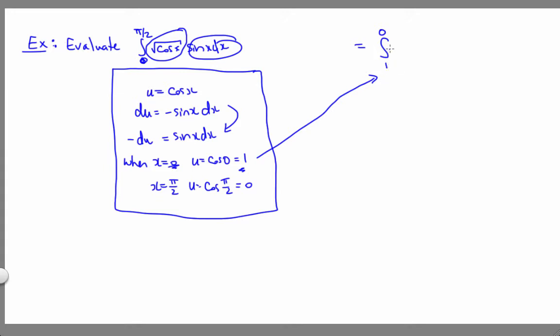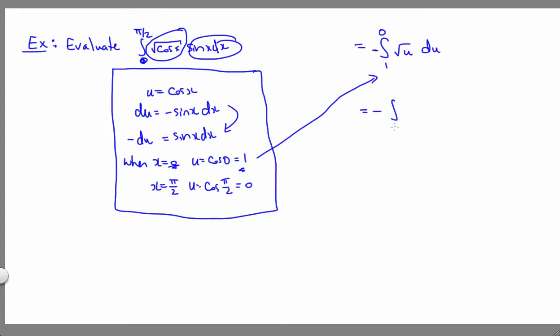Okay, so integrating from 1 to 0, and what we're integrating is root u, and we've decided that sine x dx can be written as negative du. So I'll put the coefficient in front, and I'll put the du at the back here. So same kind of integration process as we had in our previous example.